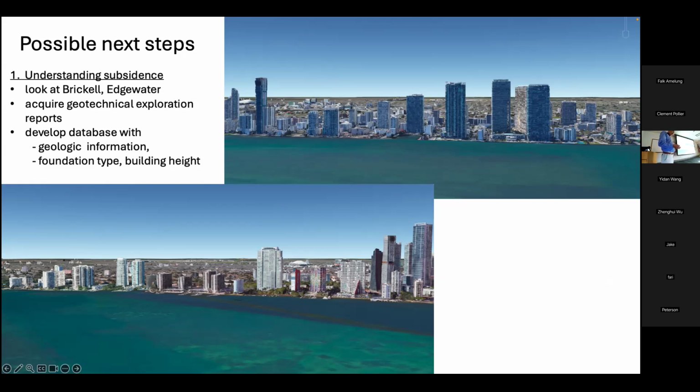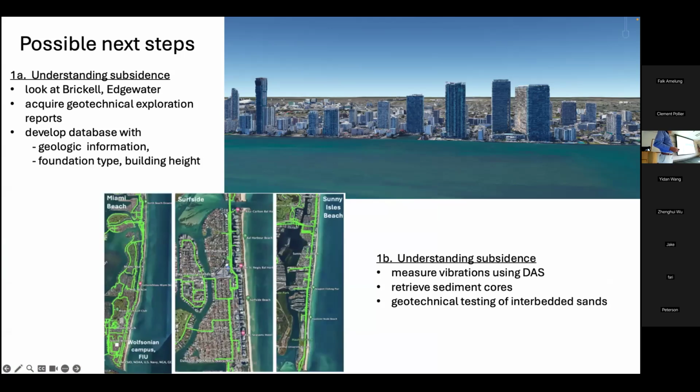And same here, close to RSMAS. It would be great to get more geotechnical exploration reports when they build those high-rises. We hardly got anything. Then if we can develop a database combining geologic information, foundation type, and building height, that will help a lot to understand what's going on.